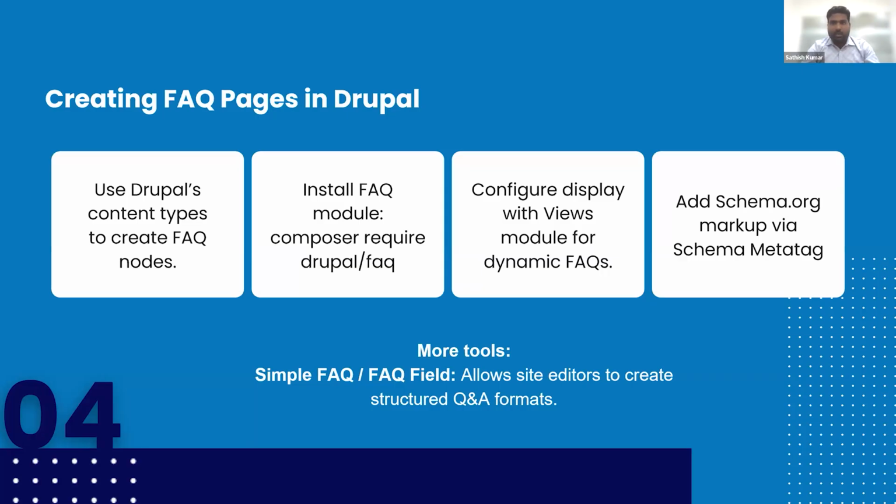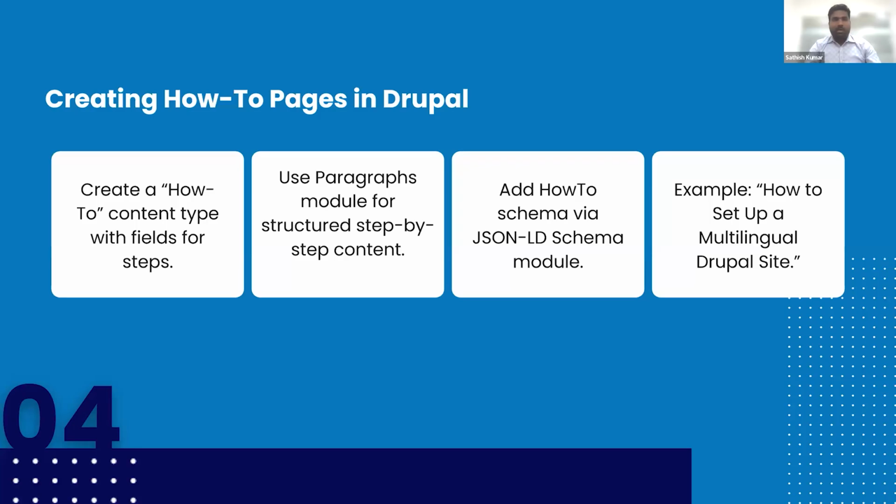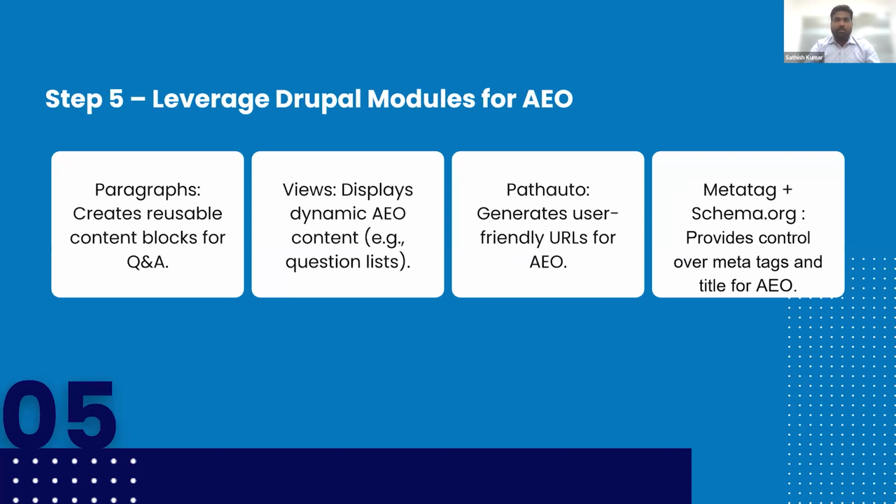And once the views are created, you can add schema markups and schema meta tags for your website. Similarly, create how-to pages for a site. Similar to FAQ, you can create these how-to pages. You can create multilingual how-to pages also. Again, these tools can understand it and index them properly.